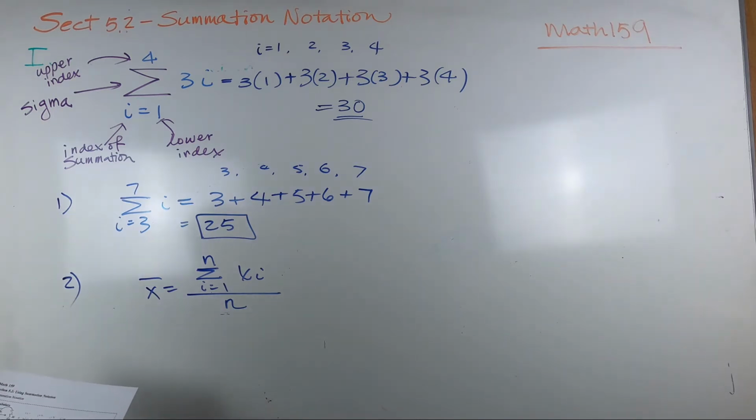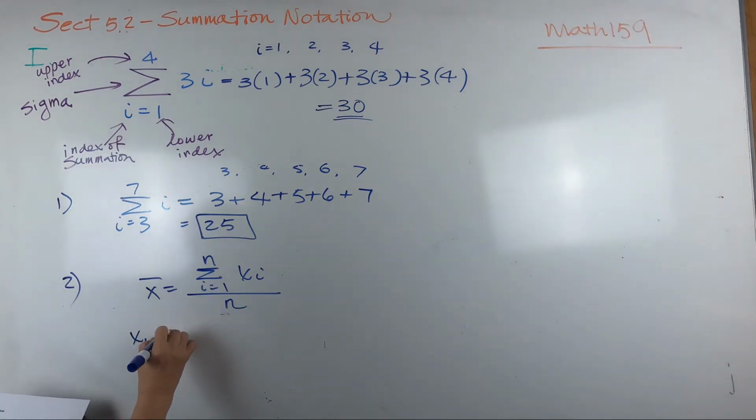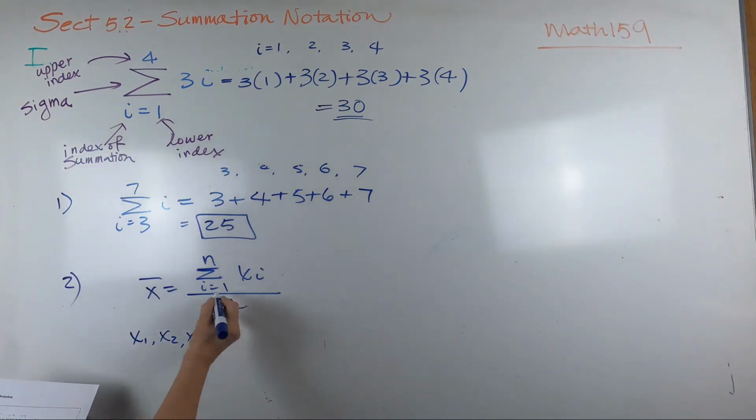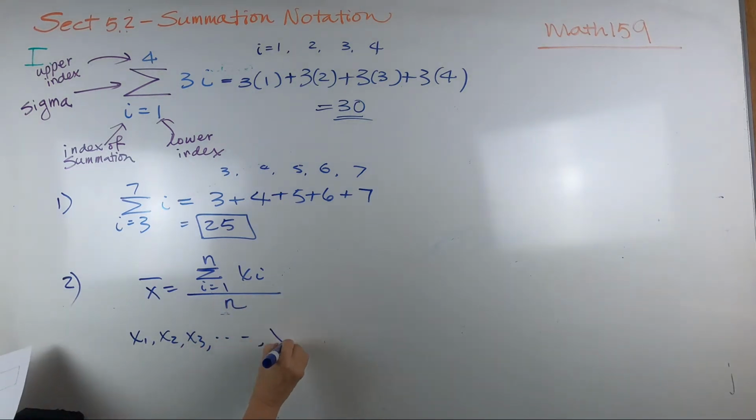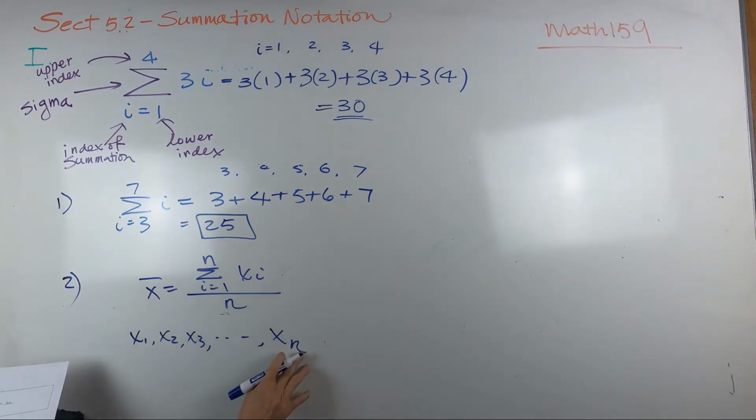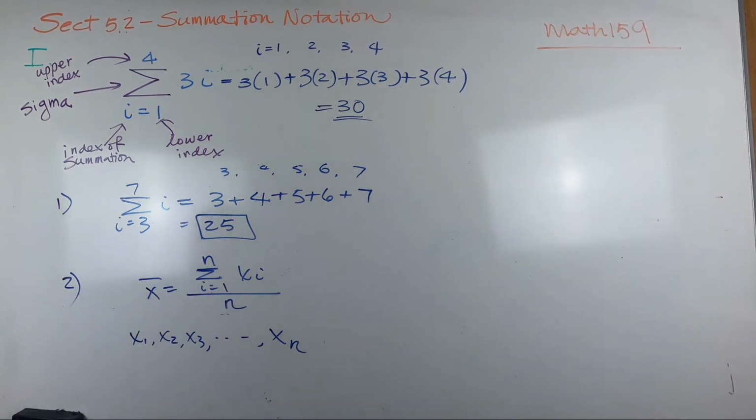You have x1, x2, x3, with i being 1, 2, 3, all the way maybe till 10, 20, till n. n is your stopping point, the upper bound, upper index. Then we see how we are going to use this and what it actually means.